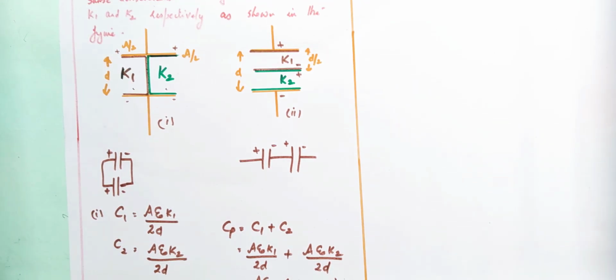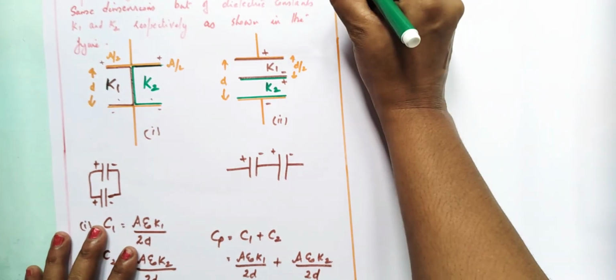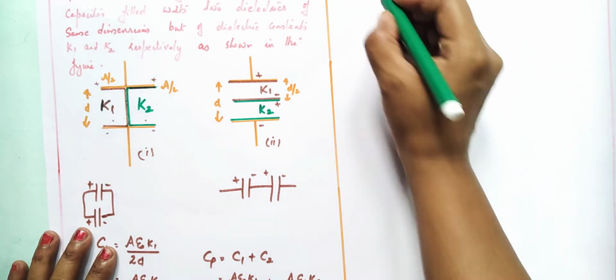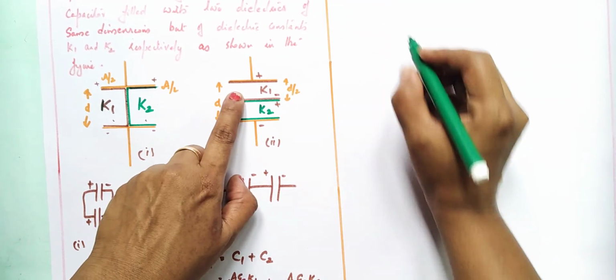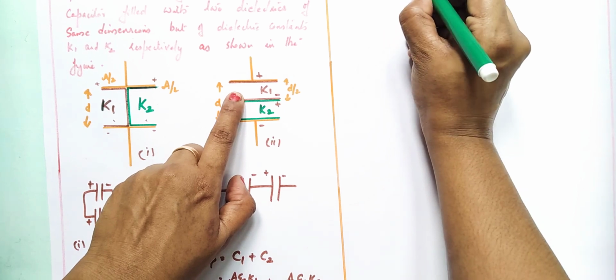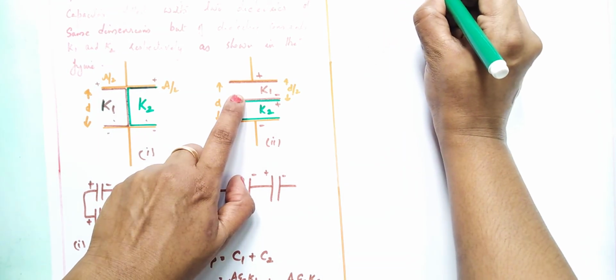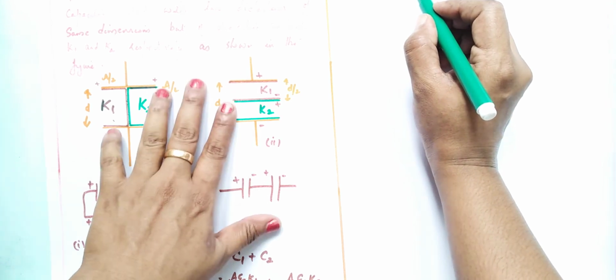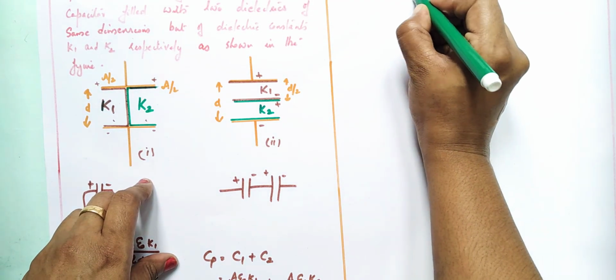Now we can do the second one, where the two capacitors are connected in series. Here also, what is the first capacitance with K1? A epsilon 0 K1 divided by the separation. The area remains the same, only the separation divides, so it becomes D by 2.